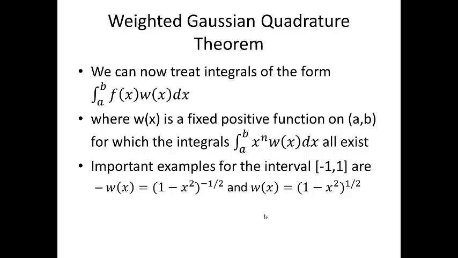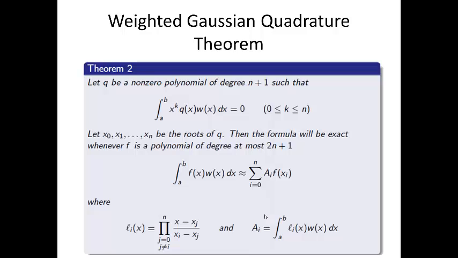And some important examples for the interval minus 1 to 1 for w of x are w of x equal to 1, w of x equal to the square root of 1 minus x squared, and 1 over the square root of 1 minus x squared. This leads us to the Gaussian Quadrature theorem.